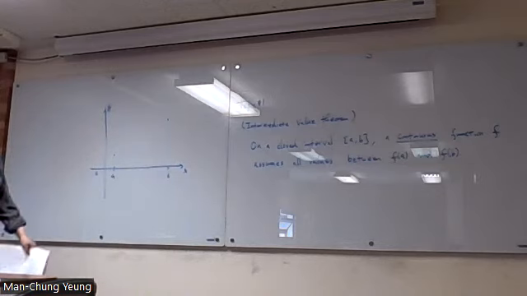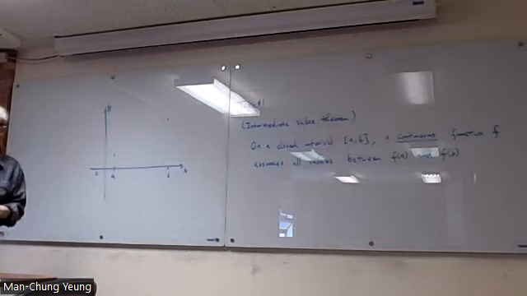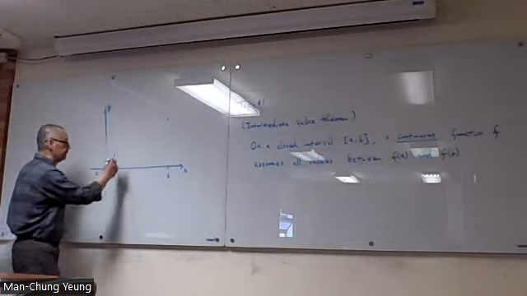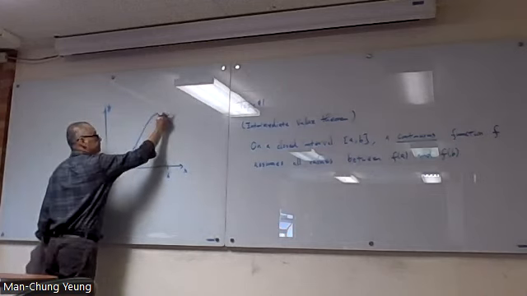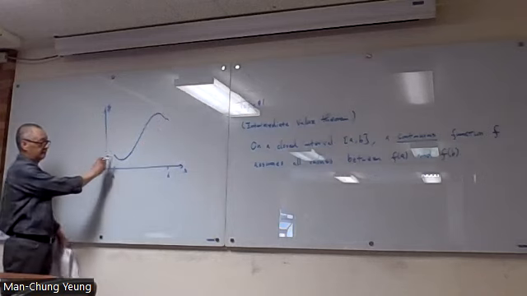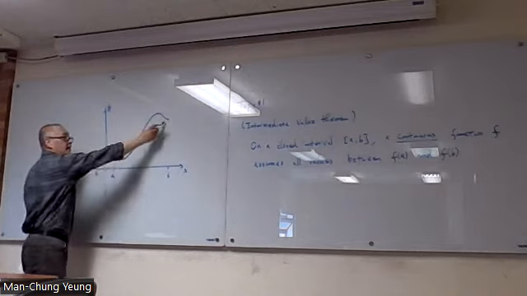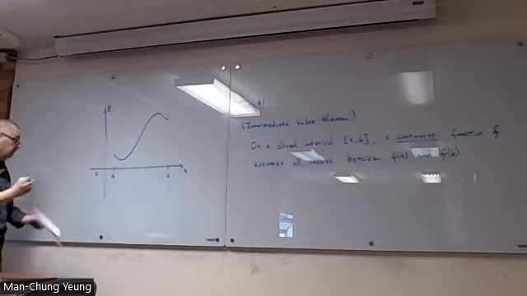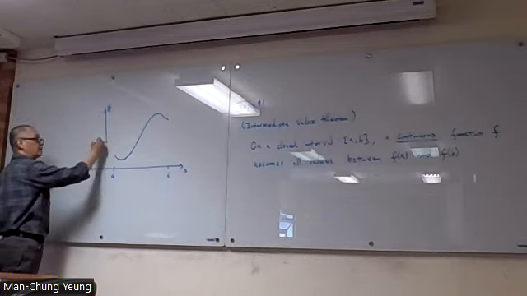The function f assumes all values between the function value at A and the function value at B. The graph is continuous. Between this point and this point, let me arbitrarily take a point. Let me call this point L.